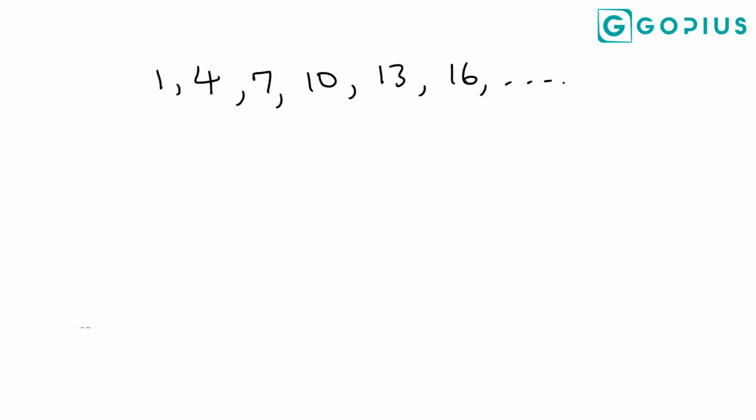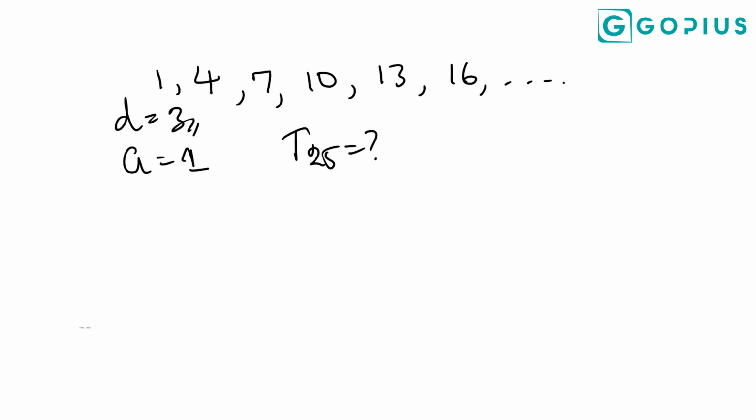There is a constant common difference which is 3: 4 minus 1 is 3, 7 minus 4 is 3, 10 minus 7 is 3, 13 minus 10 is 3. So the common difference D is equal to 3, and our first term is 1. Now we can be asked to find the 25th term, that's T25.